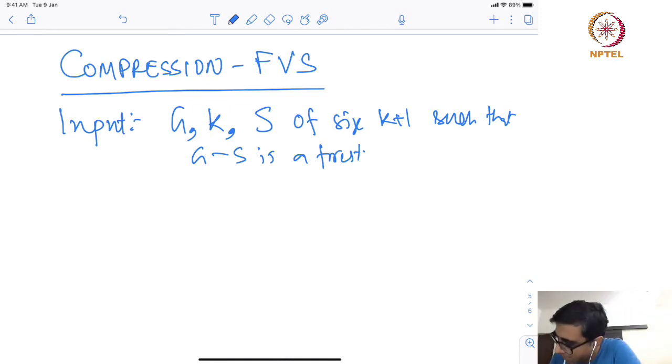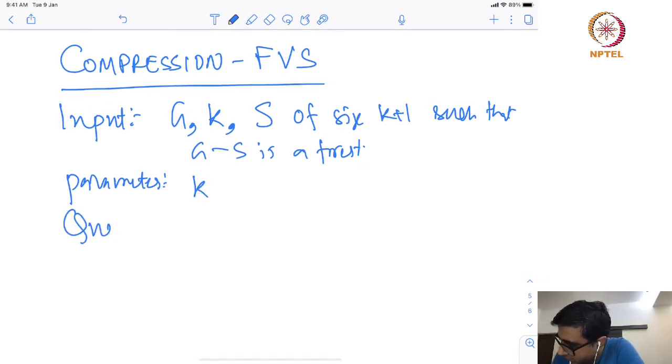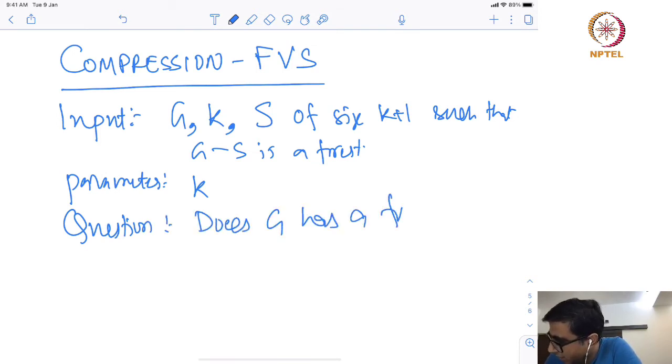My parameter is k, and my question is, does G have an FVS of size at most k, say F?